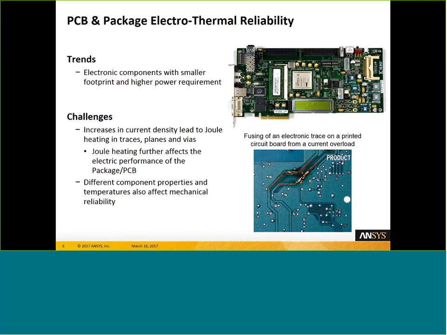Additionally, different component properties and temperatures also affect the mechanical reliability. So there's three areas of reliability concerns in a typical PCB design. You have electrical reliability, thermal reliability, and mechanical reliability.